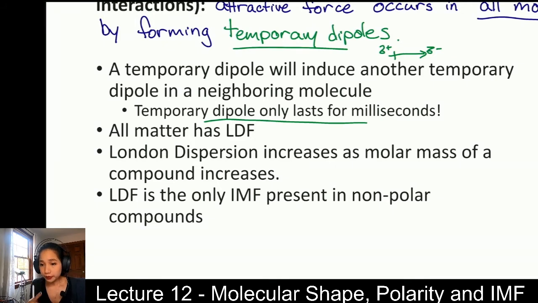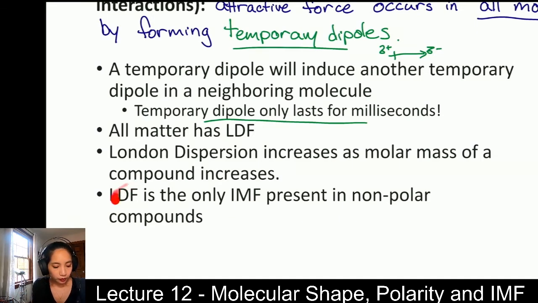All matter has London dispersion forces, but it is most important in nonpolar compounds. So London dispersion is the most dominant intermolecular force in nonpolar compounds, because we will see, as we complete this talk, that nonpolar compounds cannot participate in the other two intermolecular forces that we are going to talk about.